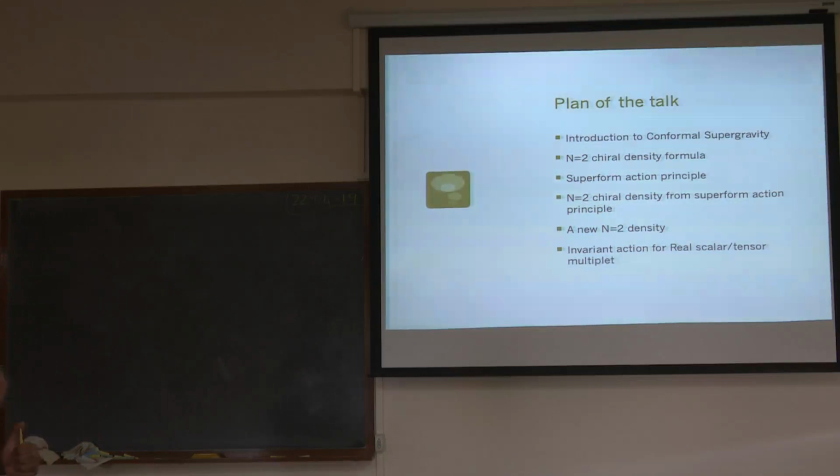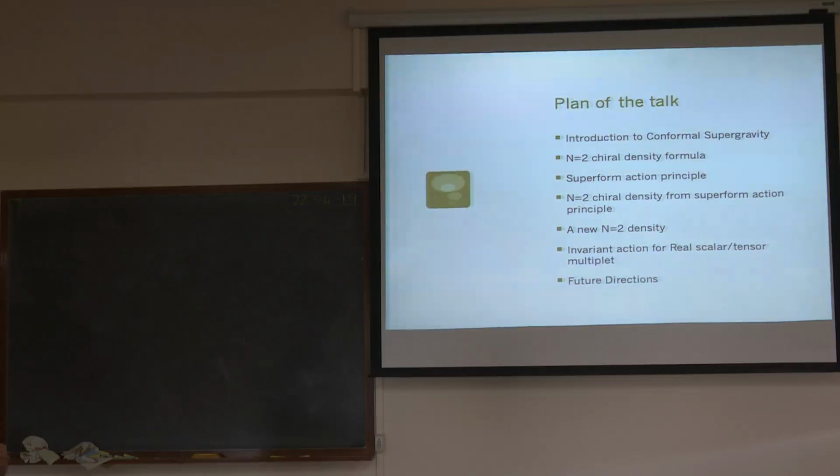After imposing certain restrictions on this real scalar multiplet we get the tensor multiplet. So, using this new density formula, one can obtain a new invariant action for the N equal to 2 tensor multiplet, which is the main result of this talk, and then I will conclude with some future directions.